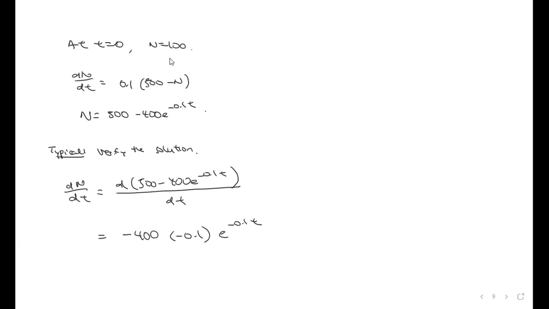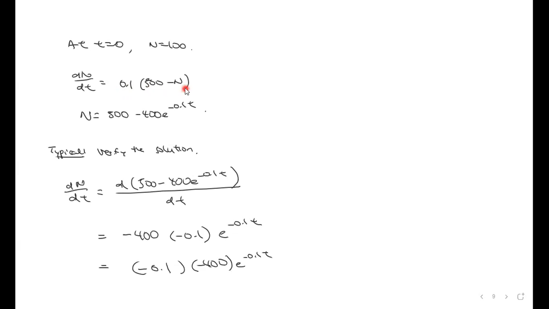Now, we could simplify that, but that doesn't really help us here. So let us think of it as negative 0.1 times negative 400 still. I'm just going to rewrite in this order, e^(-0.1t). Now, our aim is to get it into this form, 0.1 times (500 minus N).